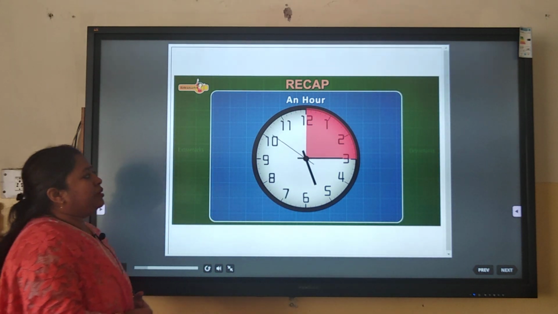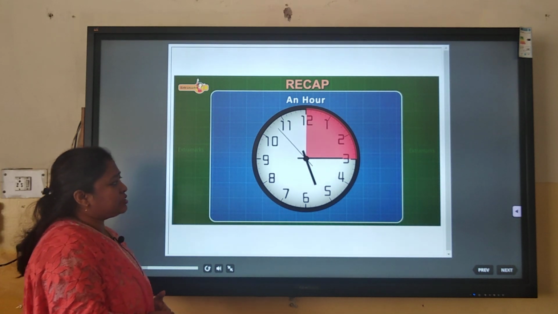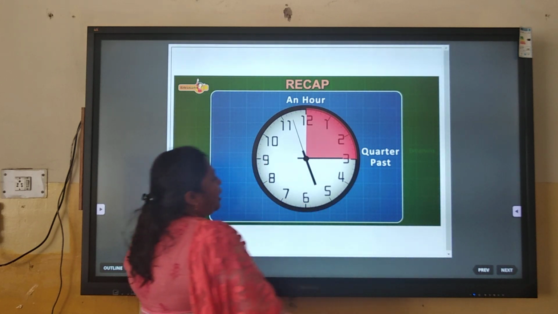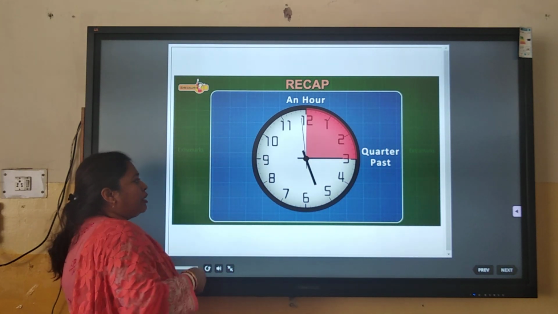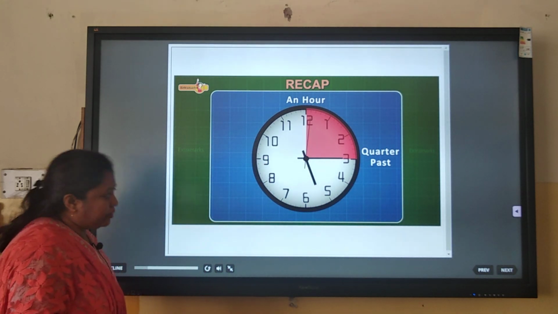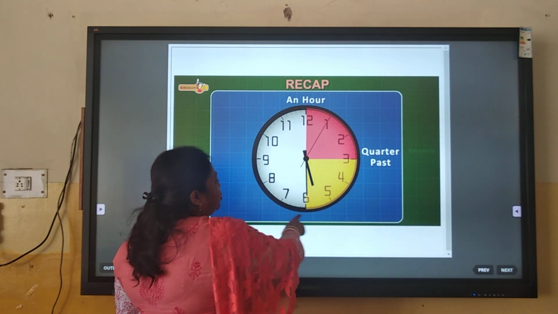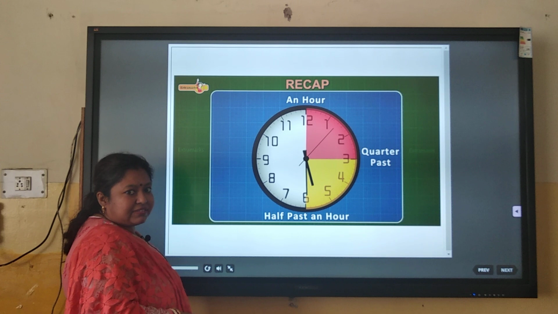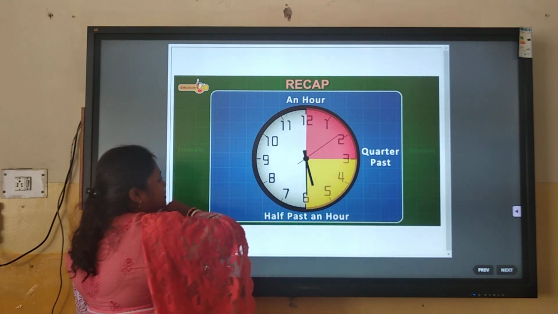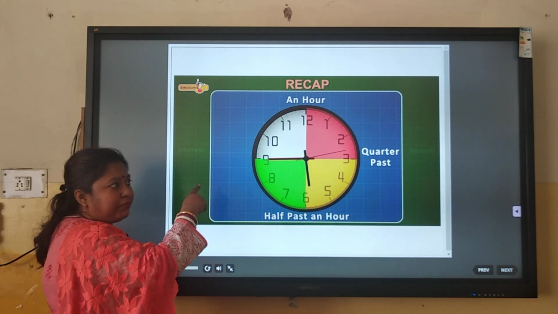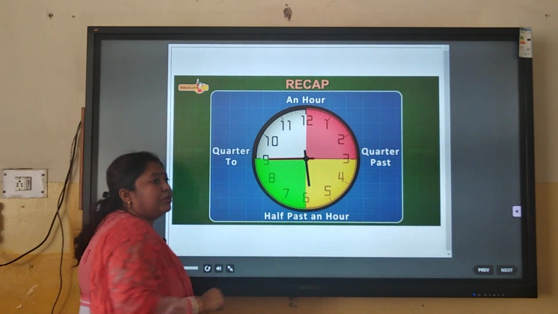In the first quarter we cover 15 minutes, so quarter past. In the second quarter we again cover 15 minutes, total 30 minutes, so this is half past the hour. Next we again cover 15 minutes, total 45 minutes, so quarter to the hour.